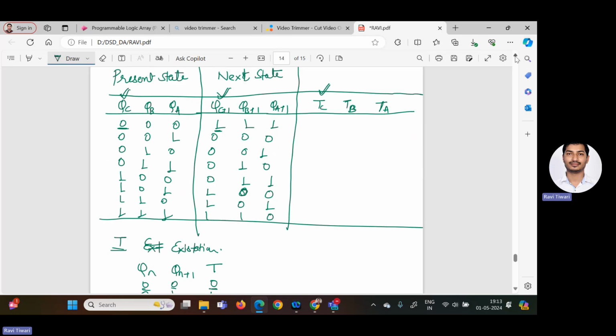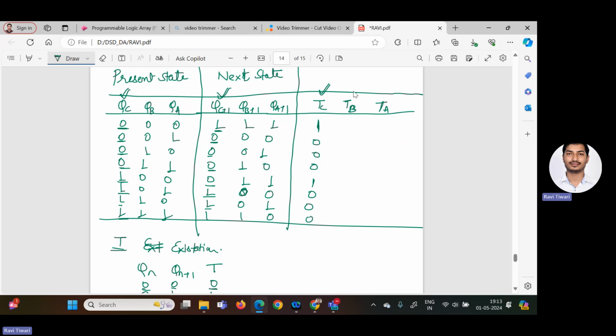So here I am writing 1. Now you see this is 0, this is 0. So it will be 0 because, as you know, if they are the same, then it will be 0. Here also same, so 0. Here also same, so 0. Here different, so 1. Here same, so 0. Here also same, so 0. Here also same, so 0.